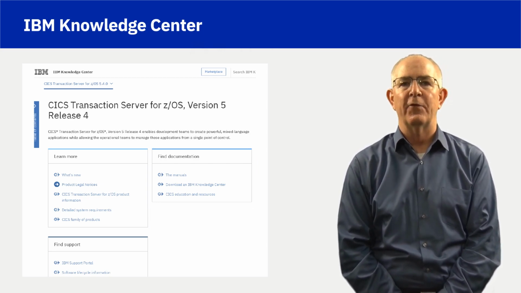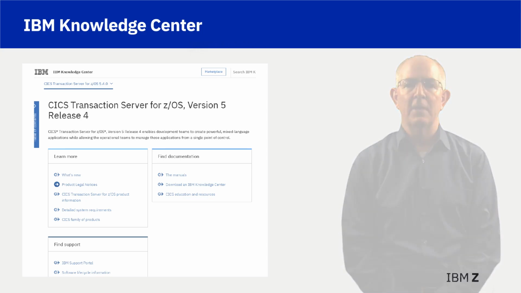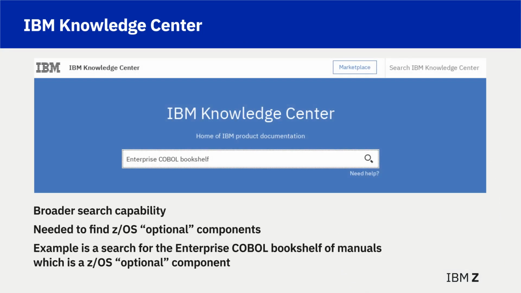Observe the link to What's New and the manuals for the CICS Transaction Server version 5, release 4, accompanied by other useful information links. The chart example is a search for Enterprise COBOL that will return numerous IBM sources of information about Enterprise COBOL, which include professional manuals. Again, Enterprise COBOL is an optional component of zOS. Therefore, Enterprise COBOL manuals would be excluded from the zOS Internet Library.